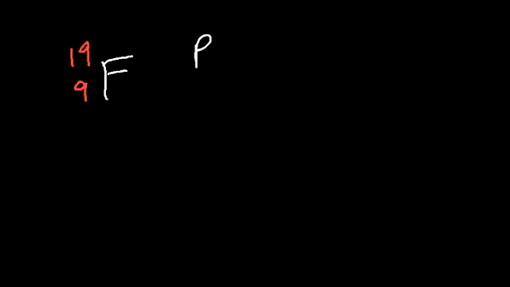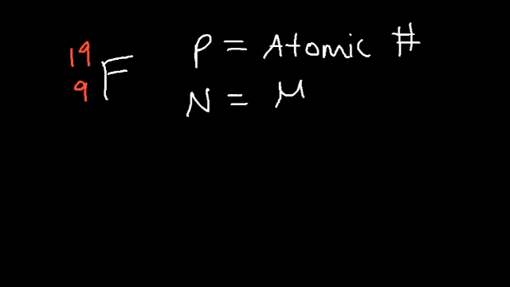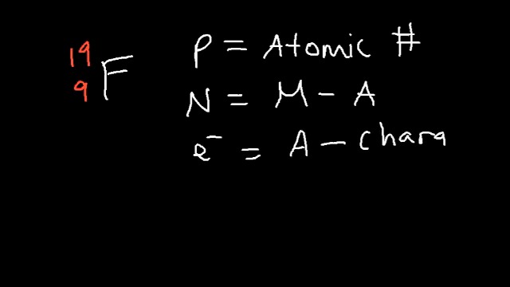To find the number of protons, it's simply equal to the atomic number. The number of neutrons is the mass number minus the atomic number, and the number of electrons is the atomic number minus the charge. If there was a charge, it would be right here.